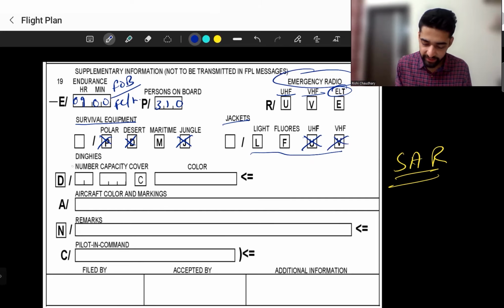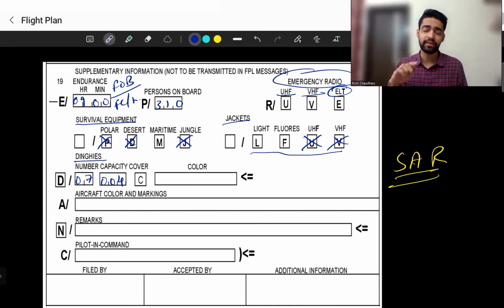And then we have dinghies. If we have 7 dinghies, we will write 07. Dinghy means small boats. And what is the capacity? How many people can sit in one dinghy? We have to write that here. So you can say 004.